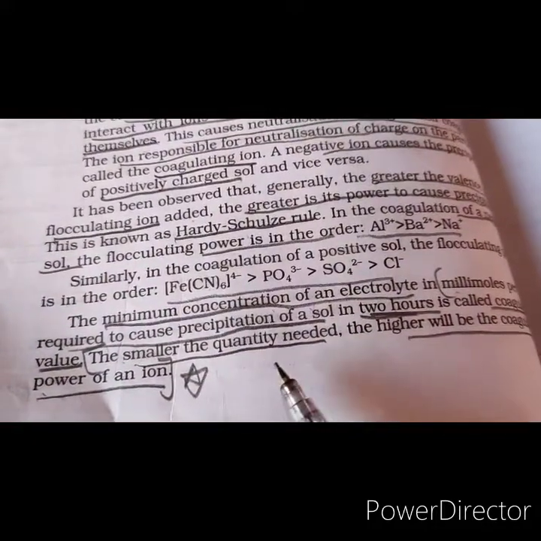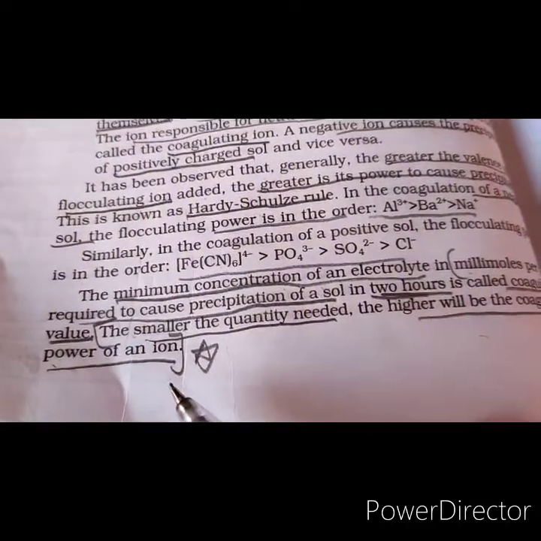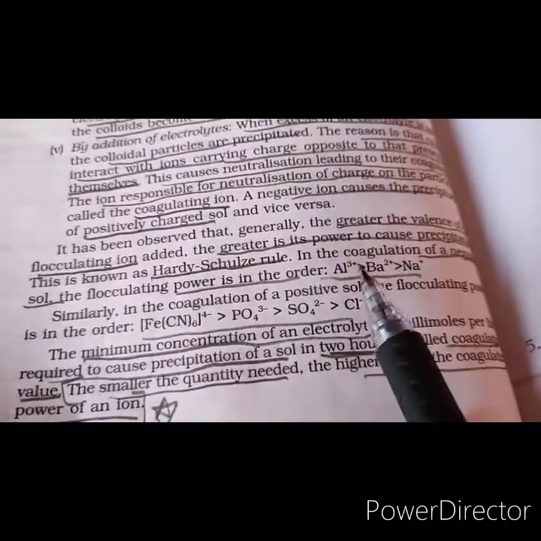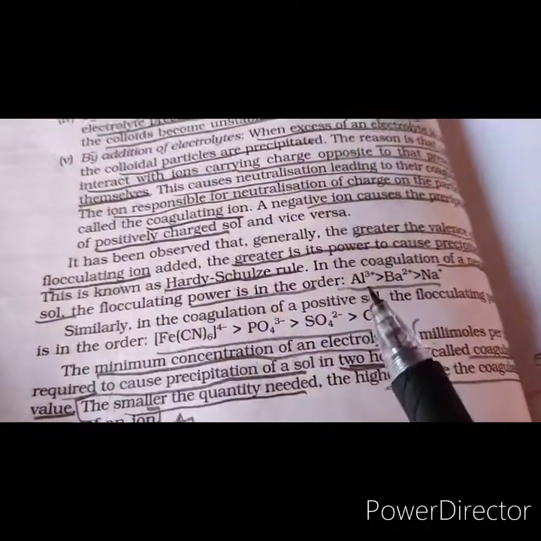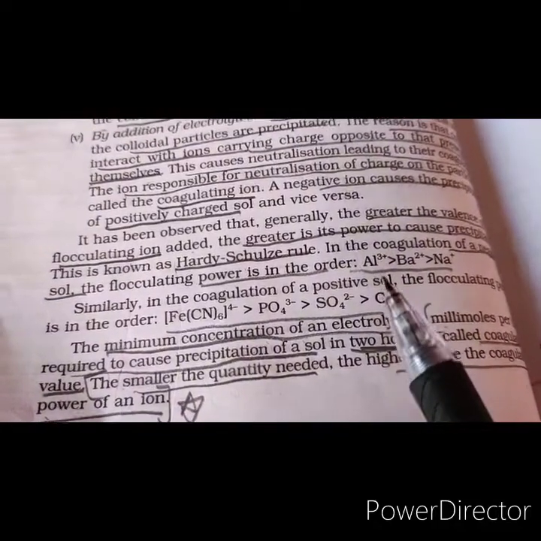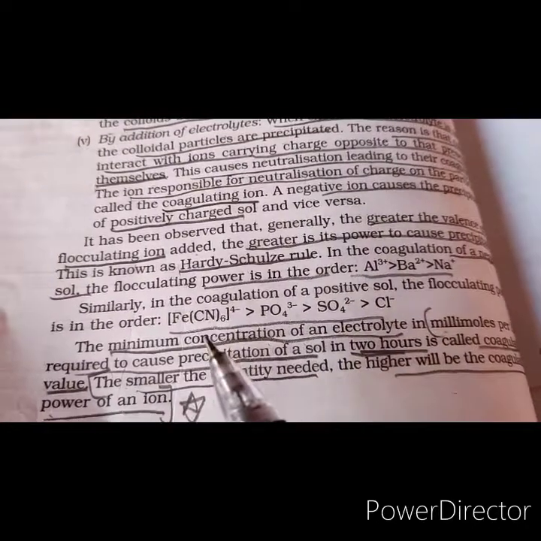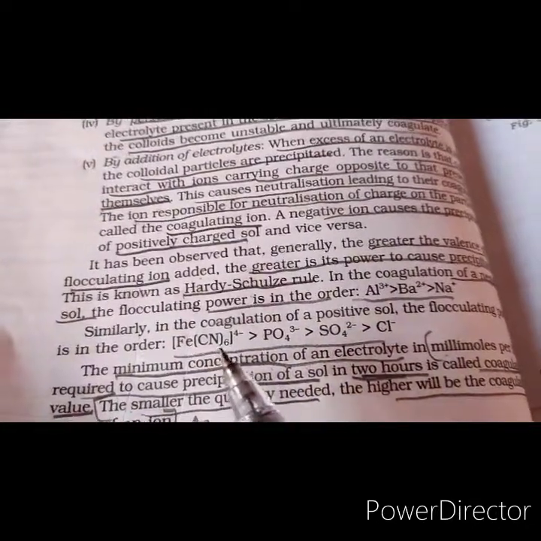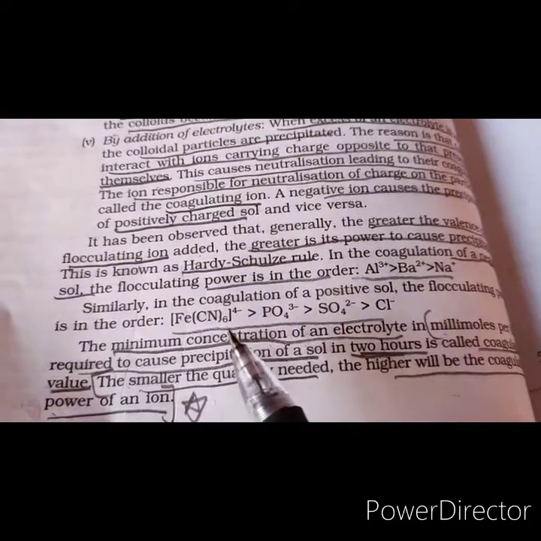The smaller the quantity needed, the higher will be the coagulating power of an ion. For example, in the coagulation of a negatively charged sol with aluminium ions, a smaller quantity of aluminium ions is needed. In the coagulation of a positive sol with these [Fe(CN)6]4- ions, a small quantity of this is required.